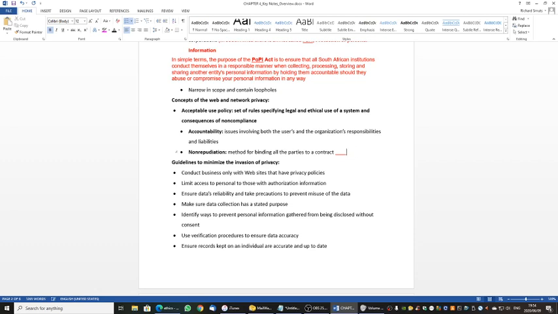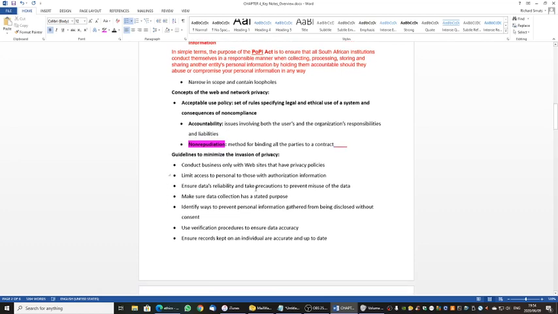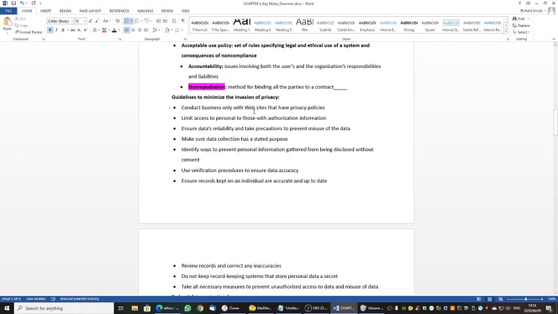For some reason my computer is not typing. It just means you cannot go back on your word. So non-repudiation is a method binding for all parties, users and companies, and it means if there is any dispute, everybody has signed an agreement beforehand.